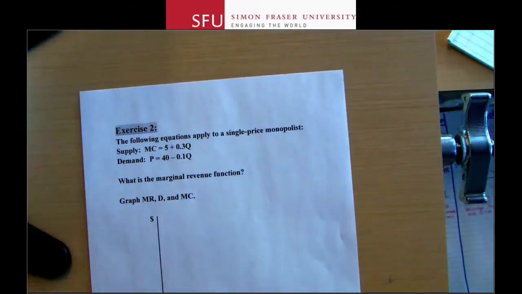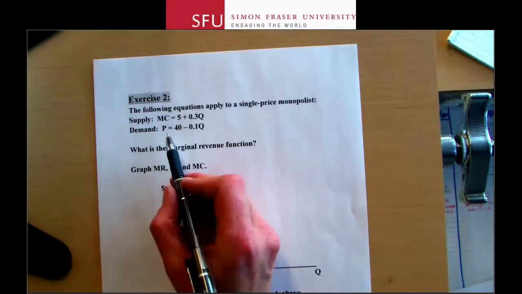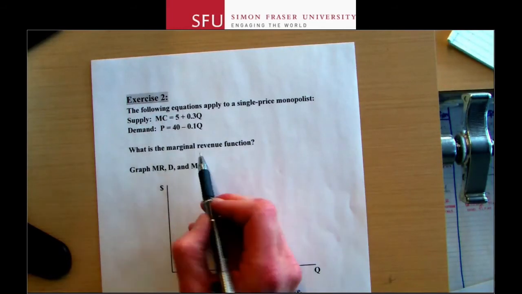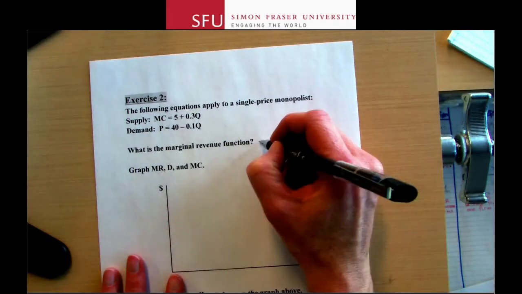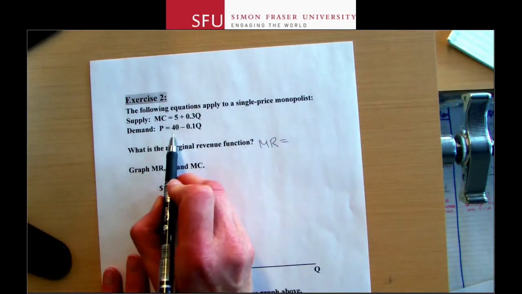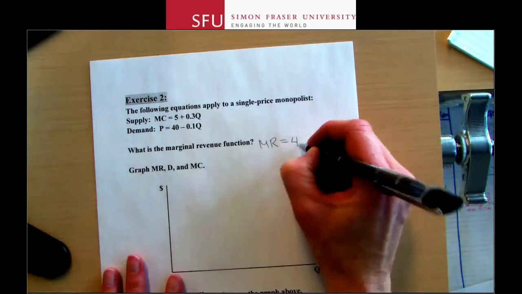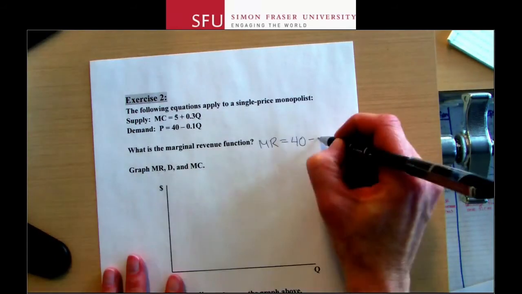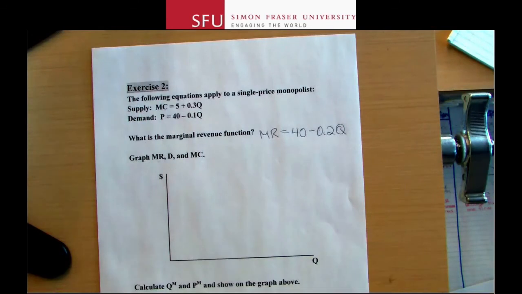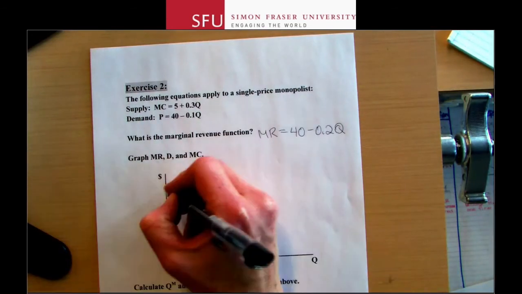Okay. Now we have another example. Same thing. We've got a marginal cost function and a demand function. First, figuring out the marginal revenue function. Just using the shortcut, we use the same number for the vertical intercept, 40, and then double the slope, so 0.2Q. Okay, and then we'll graph.